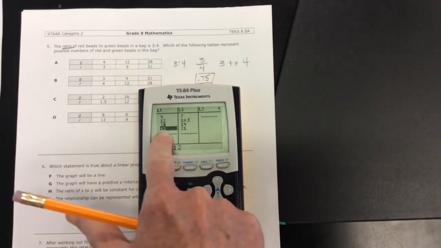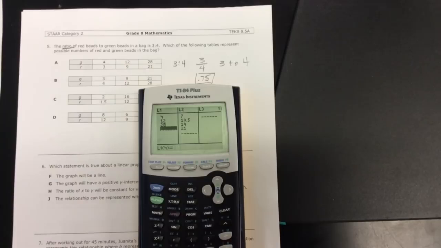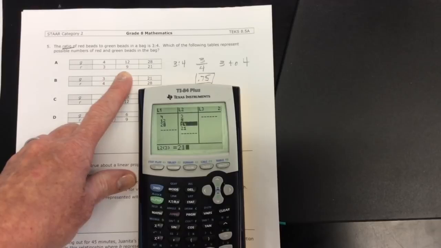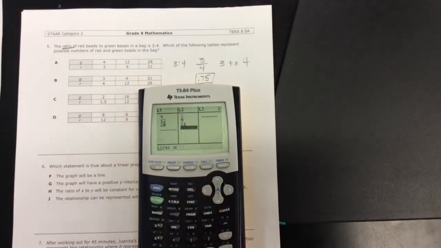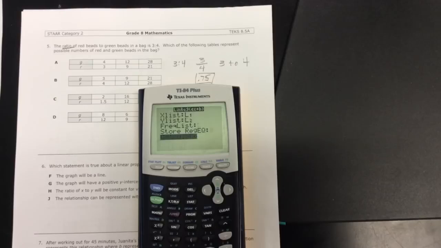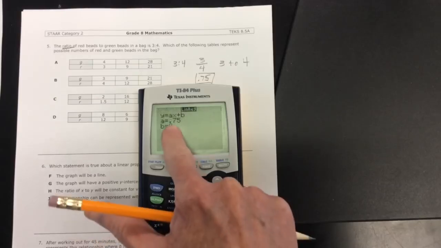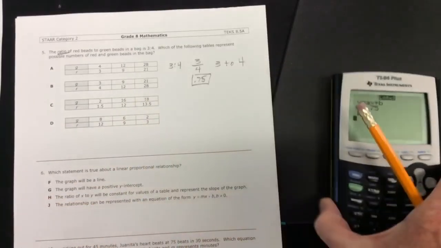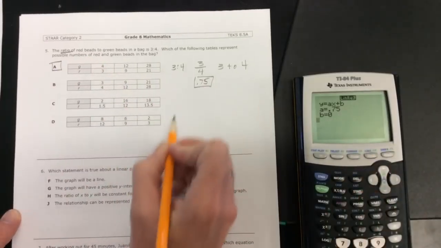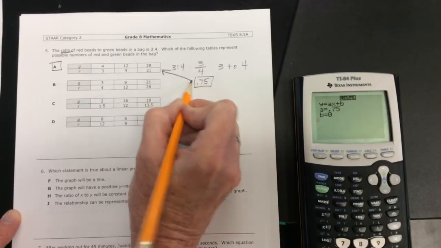Now we have a number from the other table, so let's take that out, delete. Go up and over. 3, 9, 21. Let's take that number out. Now our table's correct. Stat, calculate, 4. Enter all the way down. Yay! Our answer is A, the first one. Okay? Because that goes with that table.